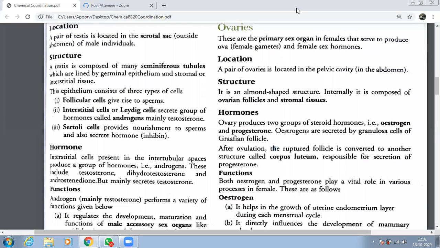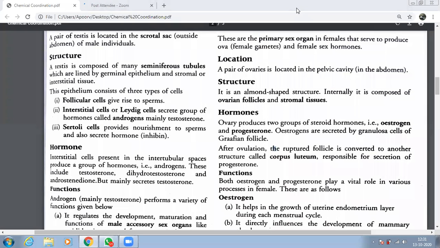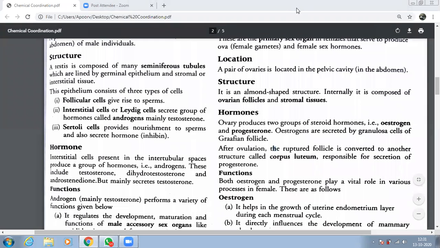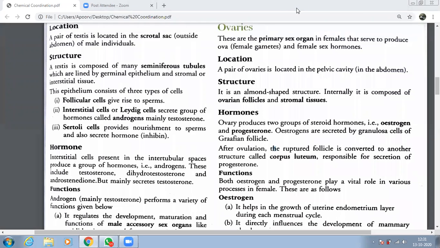Don't read the entire part, beta. What you need to read is only about the structure. That's all. Then I'll start explaining to you one by one.